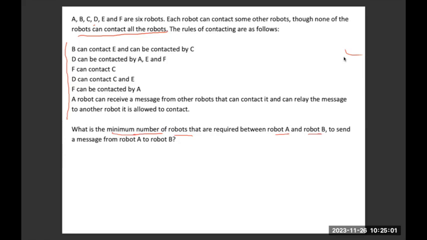The second statement which is there, can be contacted by C, that is with reference to robot B. Okay. Shimoli, Tisha, wrong answer. Aditya, Heer, correct answer.